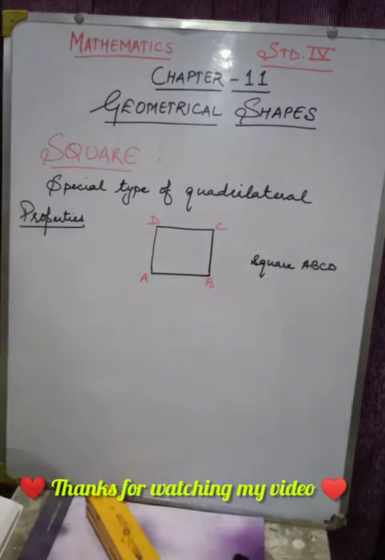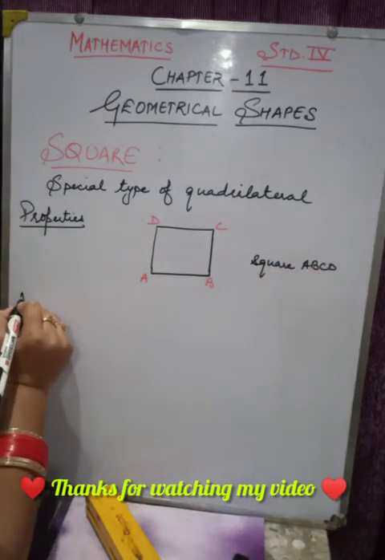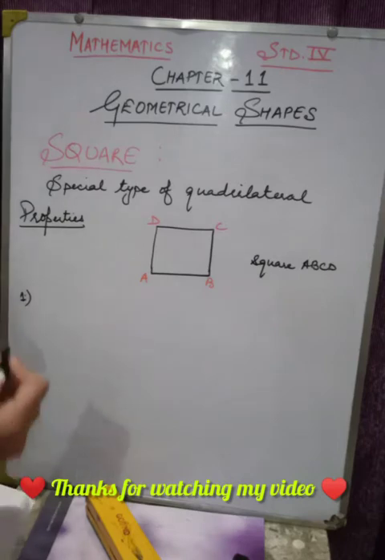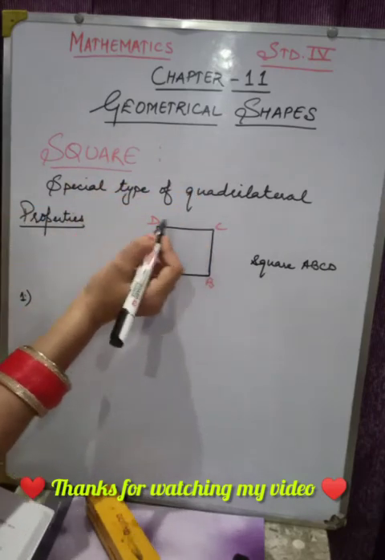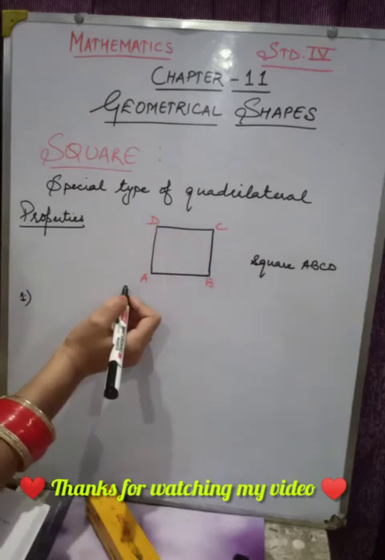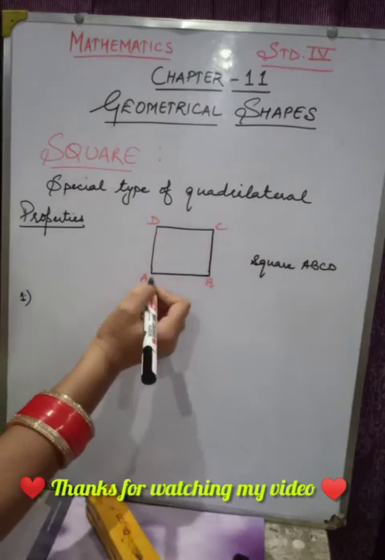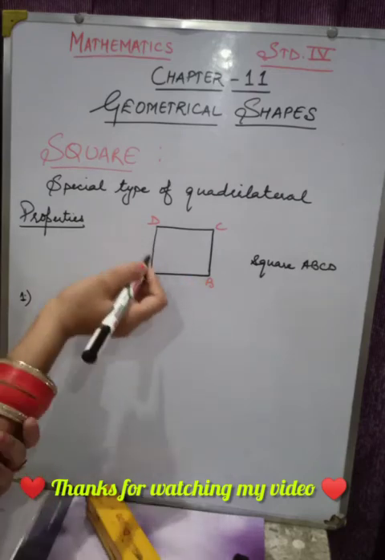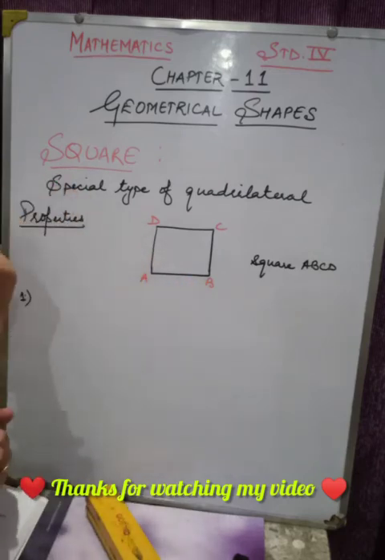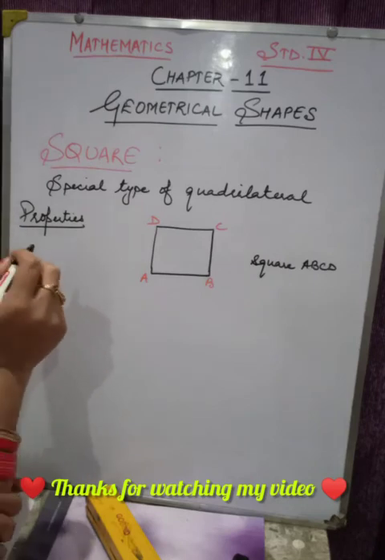First property: it is a quadrilateral because it has 4 sides, 4 vertices, 4 angles and 2 diagonals. So all the properties of quadrilaterals match with the square. But there are some special properties here.